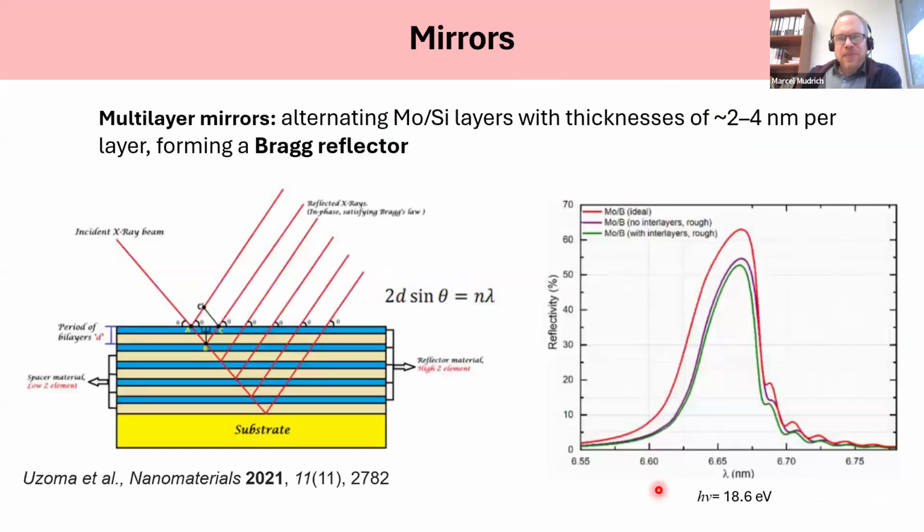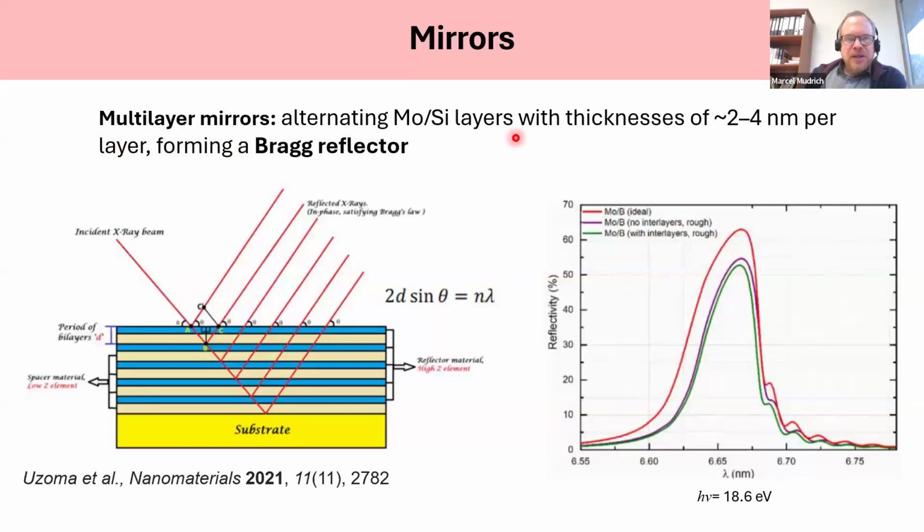It turns out that there are tricks to extend the range of where reflectivities still have decent values. For example, by making multi-layer mirrors.